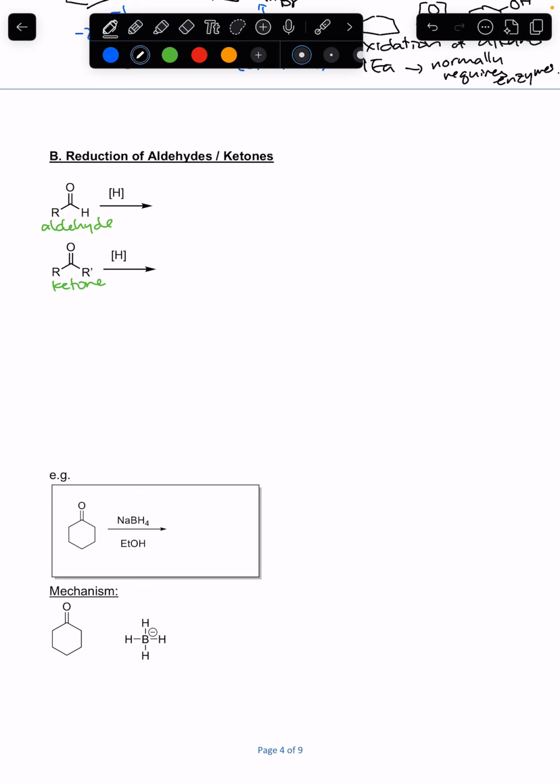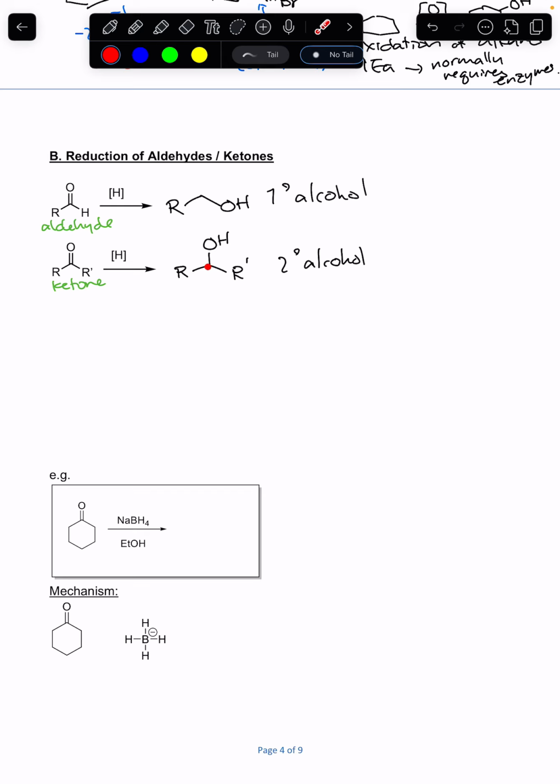If you reduce the aldehyde, you're going to get a primary alcohol. If you reduce a ketone, on the other hand, you're going to get a secondary alcohol. And of course, this is secondary because the carbon that bears the alcohol is attached to 2 carbons, whereas this one is attached to just 1 carbon. Okay, so how do you do that?